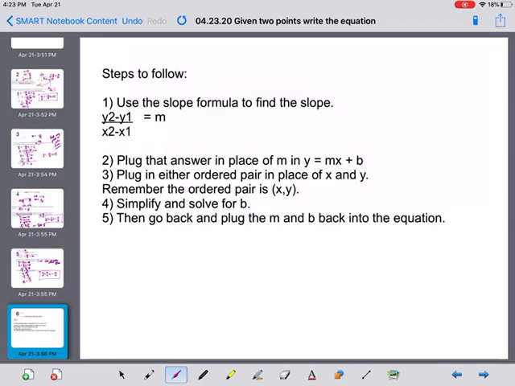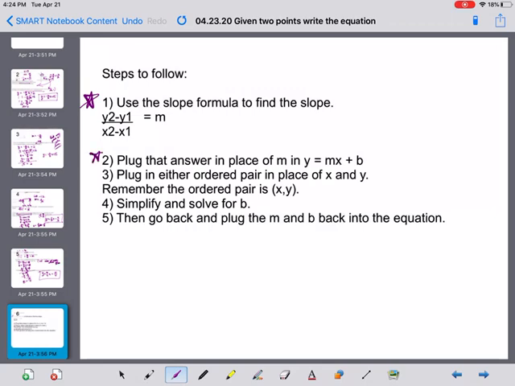So steps to follow. This is just in summary, and then we'll do one more practice problem before I let you go practice on IXL. So first thing you do is use the slope formula to find the slope, which is what we were doing. And this is good to put in your notes or a note card. So when you're doing your practice or your test, you have these steps that you can follow.